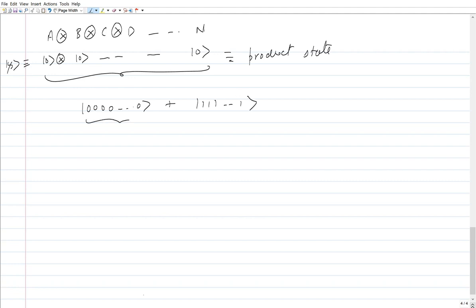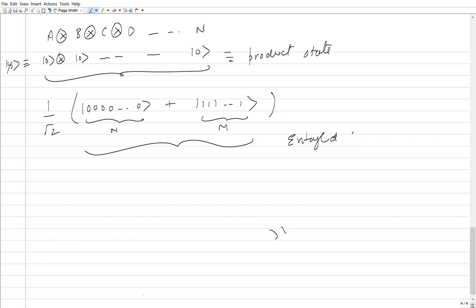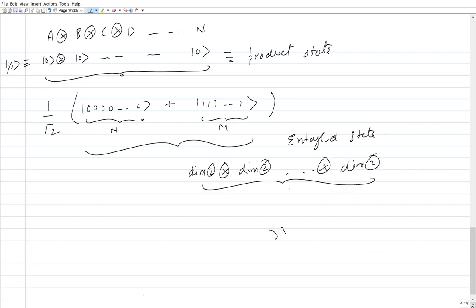So for example, these are n of them and n of them. This normalized state is an entangled state in a Hilbert space given by the tensor product of all these Hilbert spaces, or in other words, a joint vector space of n electrons or n qubits, and so on.